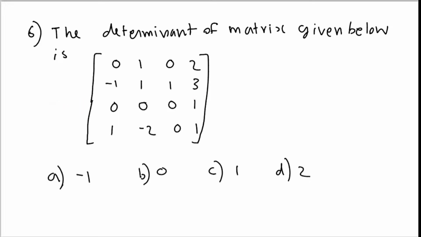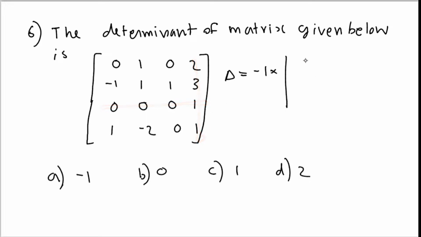Okay. So the determinant is equal to the element 1 here. This is from the third row and fourth column. So 3 plus 4 is 7, an odd number. So negative 1 into the determinant of, we have to remove this row and this column.